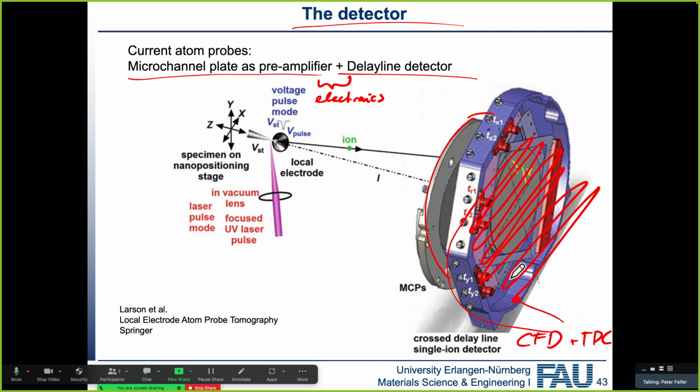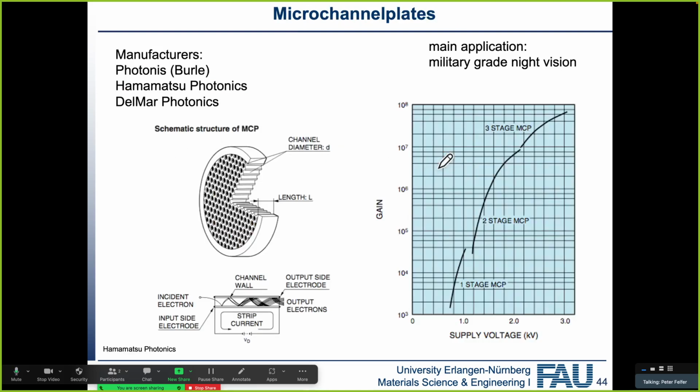Okay, so first, how do we amplify the atoms? And this is done by microchannel plates. And what microchannel plates are is just a lot of scintillators. So a scintillator is an electron multiplier. You have some incident electron that hits a surface somewhere, produces secondary electrons, and they produce more secondary electrons, and so on and so forth.